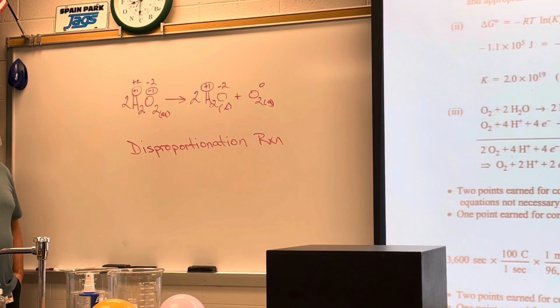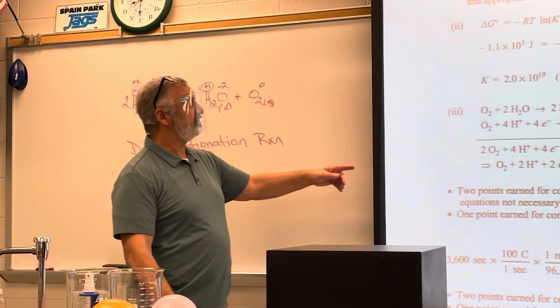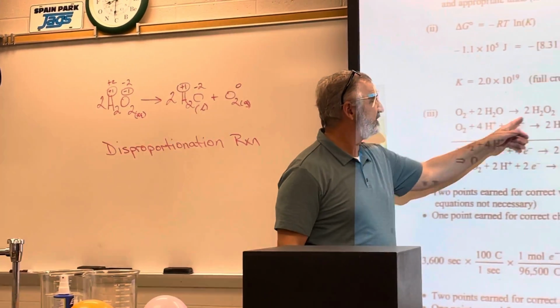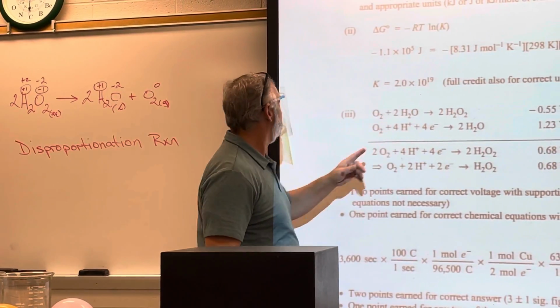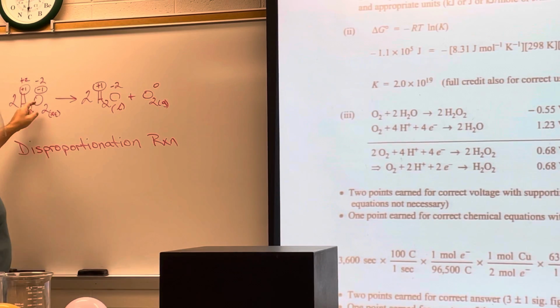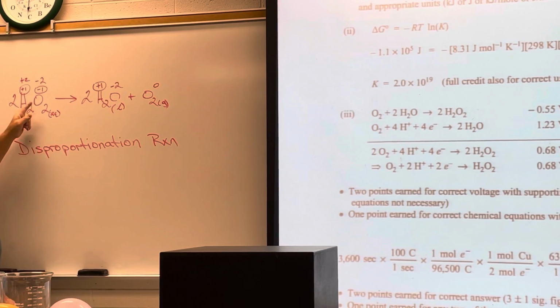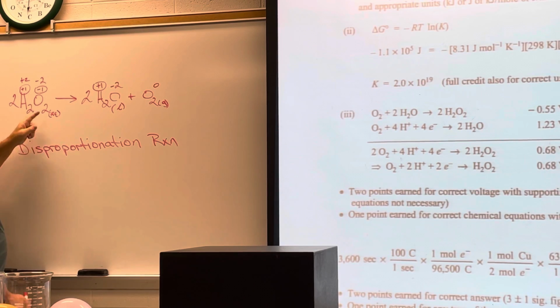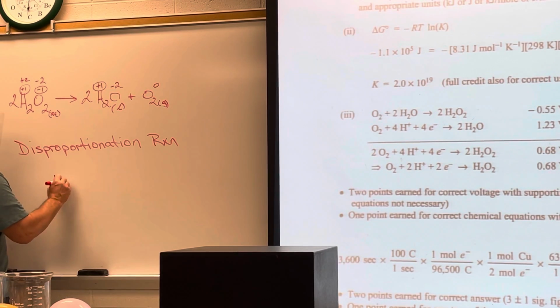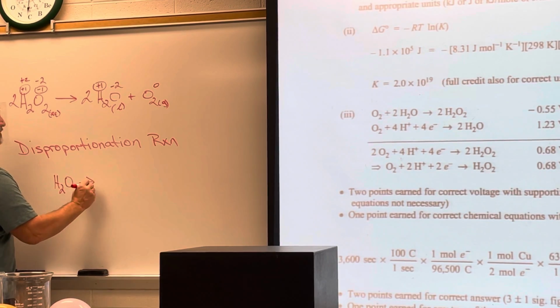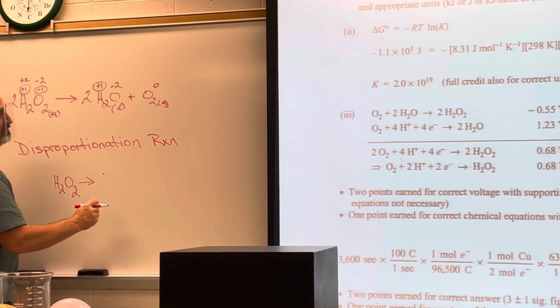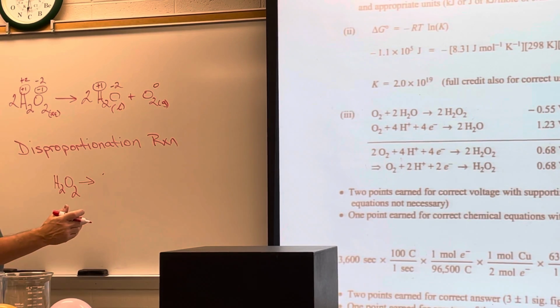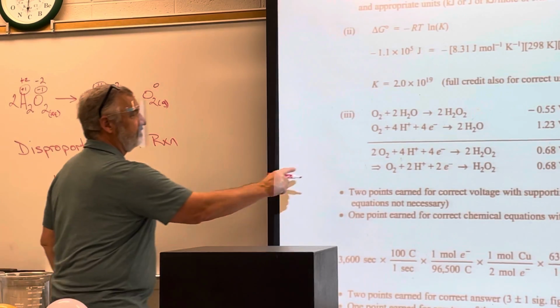To do that, notice they're just doing the 2 half reactions combined. You just do the oxygen going to O2 and the oxygen going to water. So this one is being reduced. So we write it as H2O2 going to the half reaction. H2O2 with the O2 in it is this one.